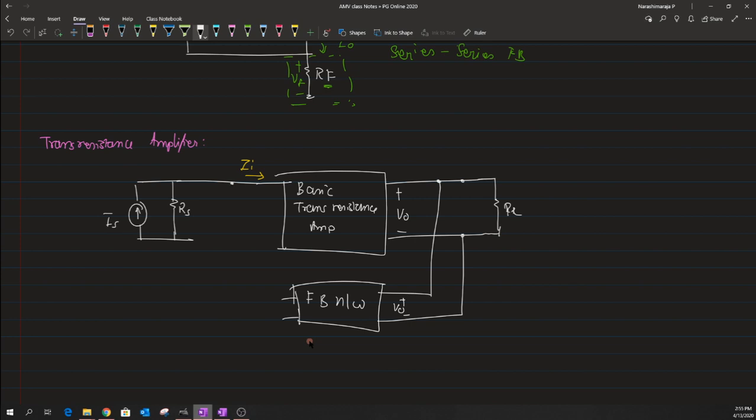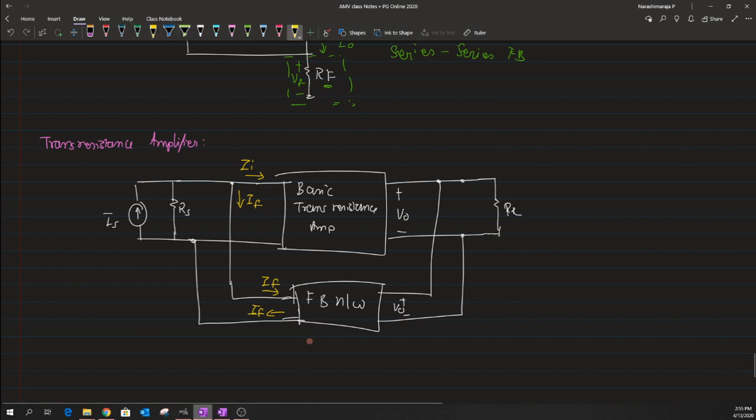So we generally want to have a connection where the IF is being tapped out from here, passes through this network, is released by this feedback network, and is again fed back. Hope that it is clear from this perspective, and even the current Ii that is coming out will then reunite with IF in order to create this IS here.